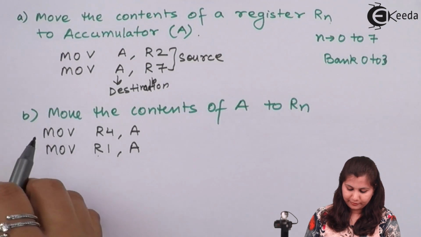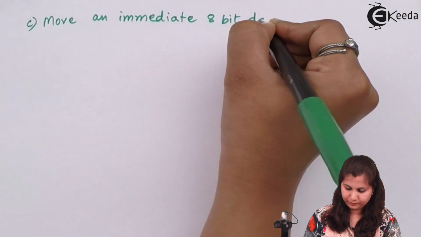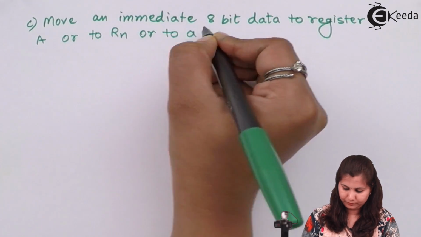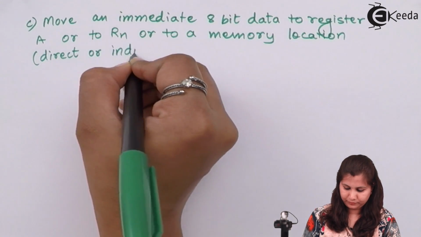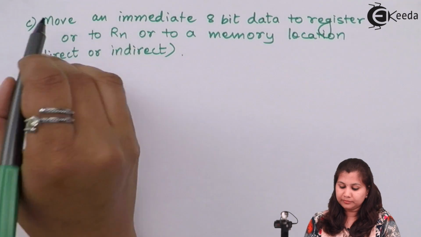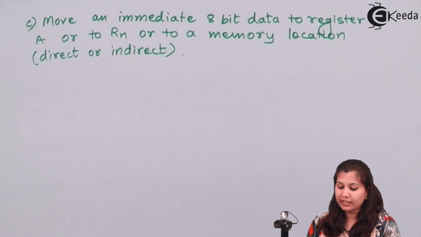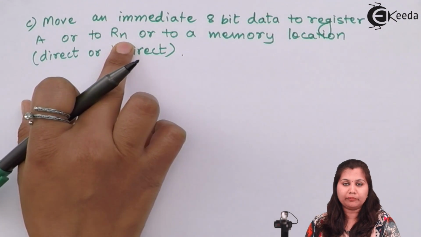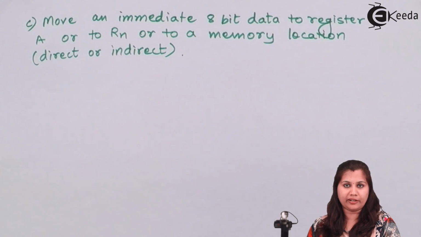Next we have the move instruction with immediate data. In this, an immediate 8-bit data will be available in the instruction itself, and that 8-bit data will be copied into register A, or to a register Rn of the register banks, or to a memory location using direct or indirect addressing.